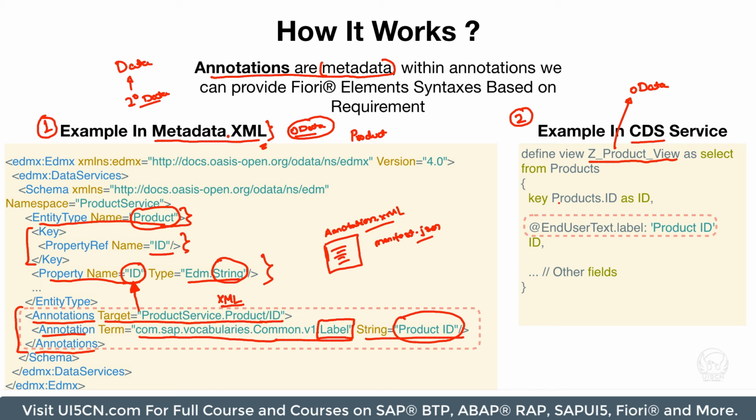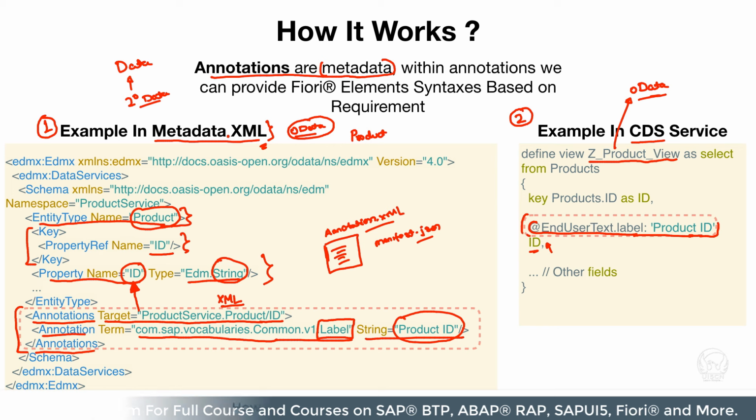This oData based service will have multiple properties, and one of the properties is ID. To this ID, if I want to add metadata, like we added product ID, then before this ID I just have to add this annotation as end user text dot label. Then I can provide the label, which is the product ID, and this will be passed as the annotation within this oData based service.